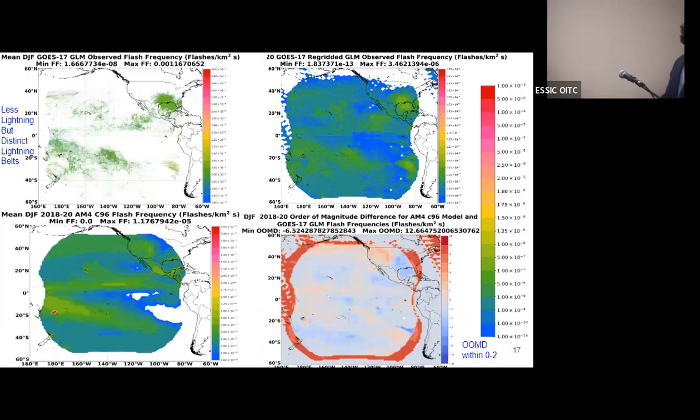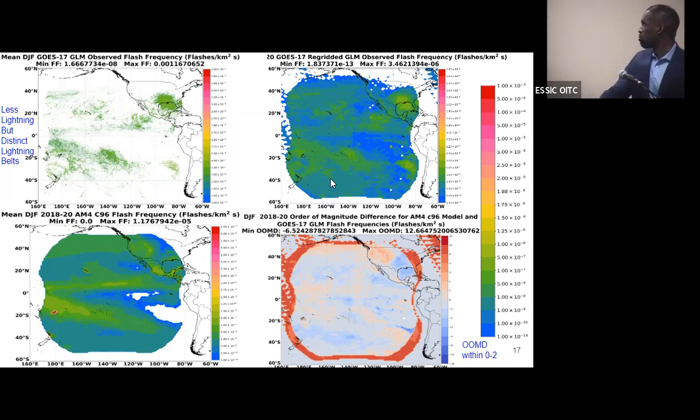So we can move on to GOES-17 GLM. When we look at the original grids, the high resolution 2 kilometer GLM for GOES-17, there's a lot less lightning, but there are distinct lightning belts in the Southern Pacific and along the ITCZ.